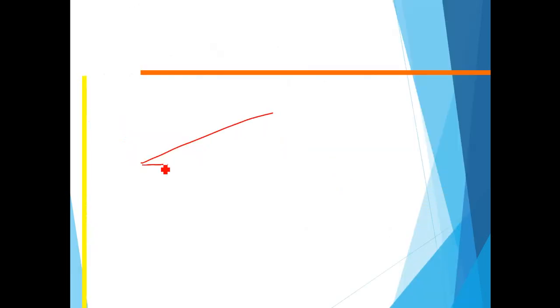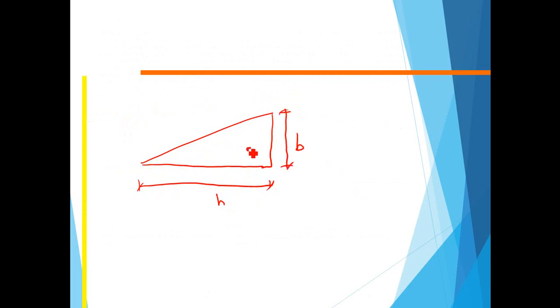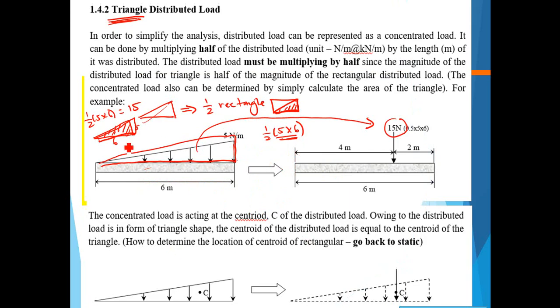If you have a triangle, let's say here is H and here is B, the centroid is located at B/3 and also H/3. For our case, H equals 6 and B equals 5.